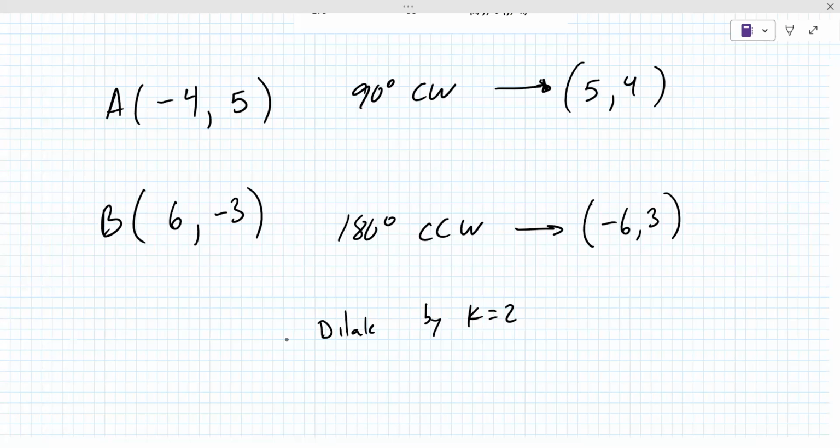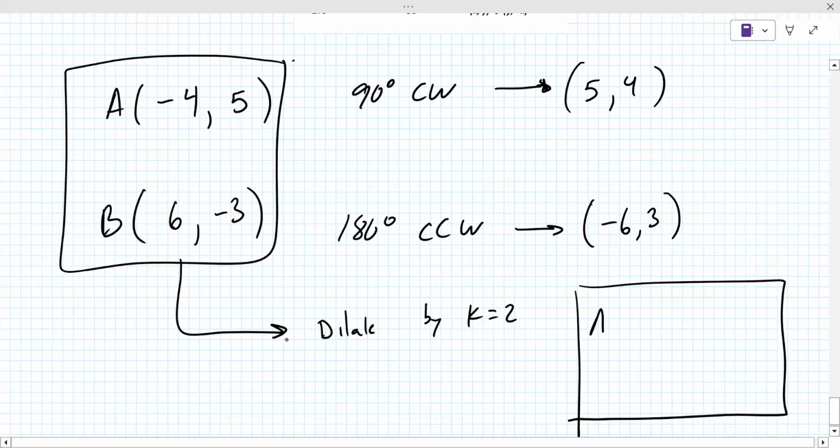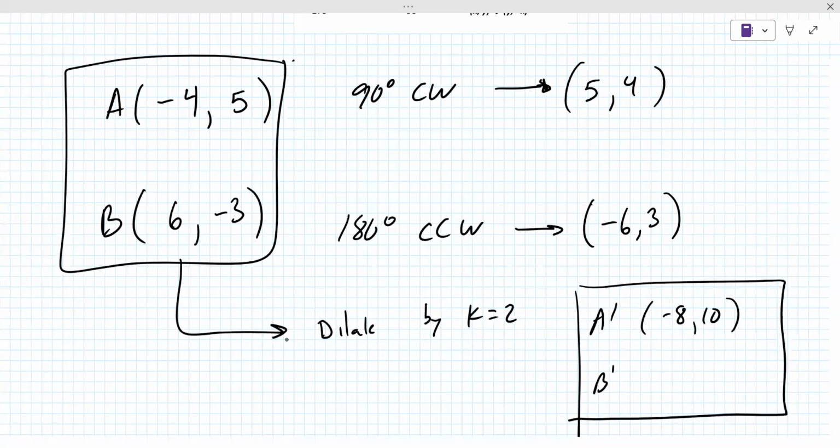For which one? I want you to take the original ones and dilate them and give me the new ones. Oh, okay, my bad. I thought you were talking about the new coordinates. Then that would be (-8, 10) and (12, -6).